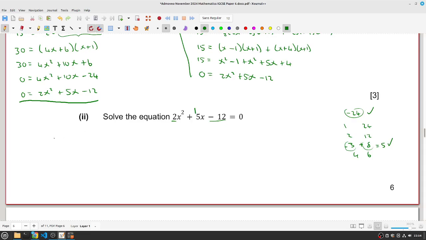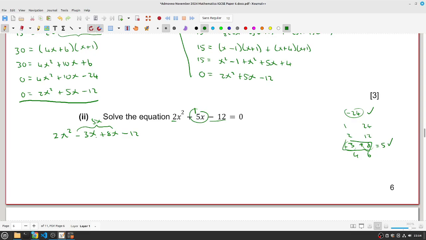We rewrite the first term, and instead of the 5x, we write negative 3x plus 8x. You can also change it around. That just replaces what we wrote as 5x. It's exactly the same, and then still negative 12.